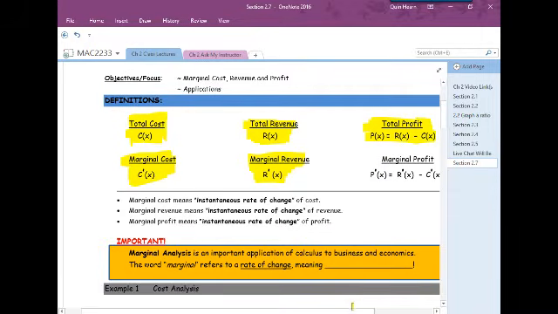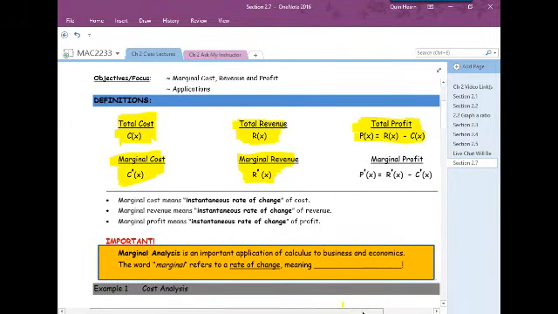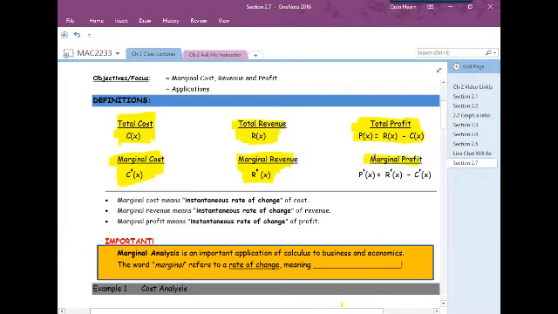So that's revenue minus cost is your profit function. And your marginal profit would be P prime of X. Now we've learned that we can take derivatives of sums and differences by just taking the derivative of each part. So here we see that the derivative of the profit is the derivative of the revenue minus the derivative of the cost.